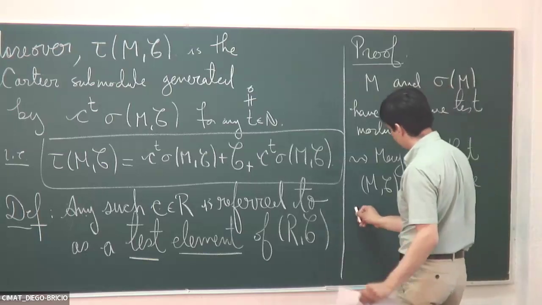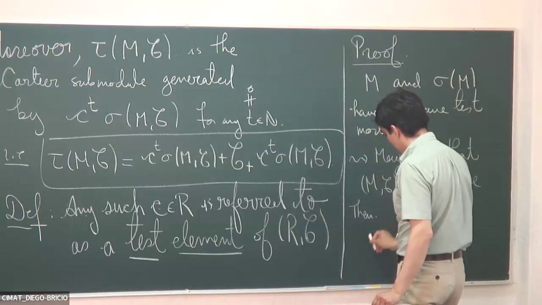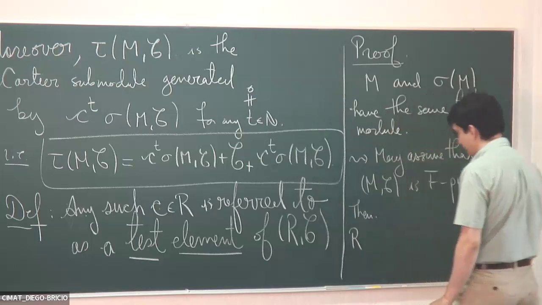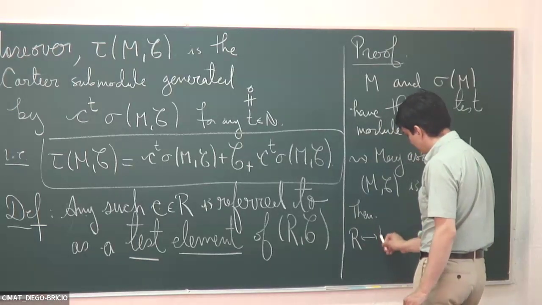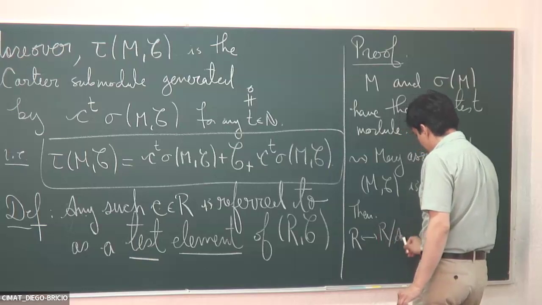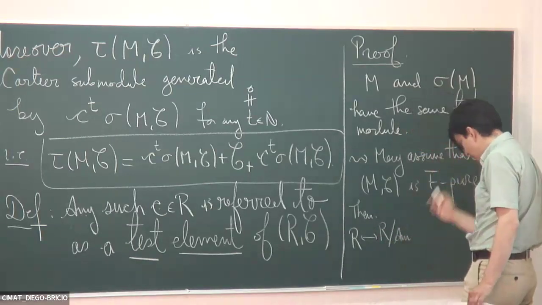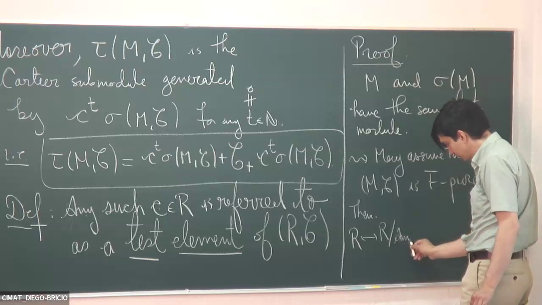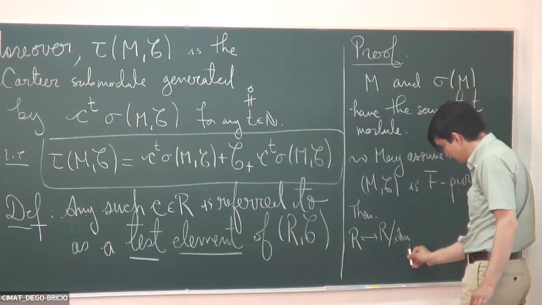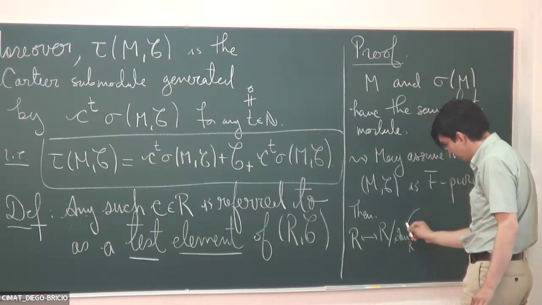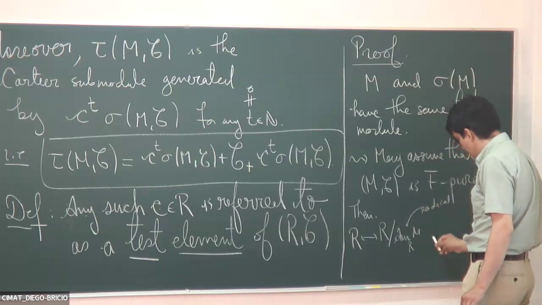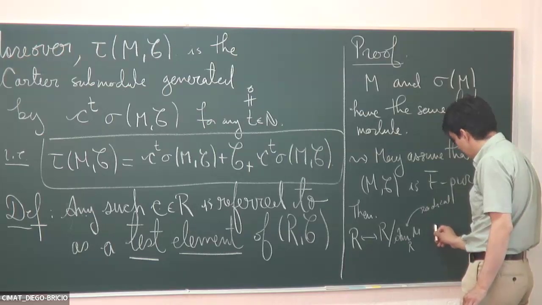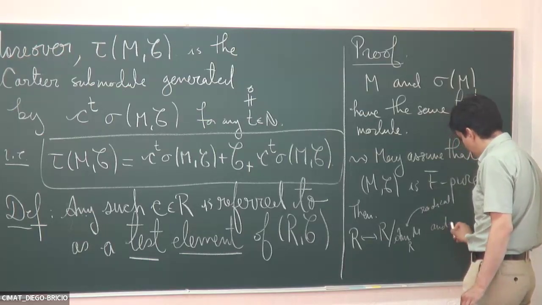And then we may do the standard trick that we have done a couple of times before. We can replace R by the annihilator of n, which is radical. So the point is that now this is a radical ideal. Assume two things.